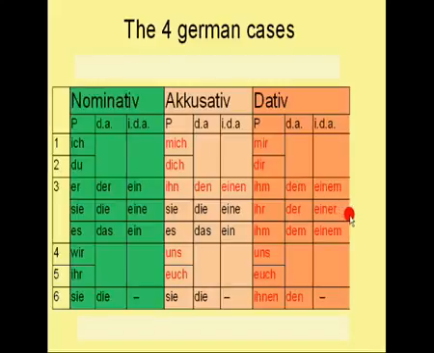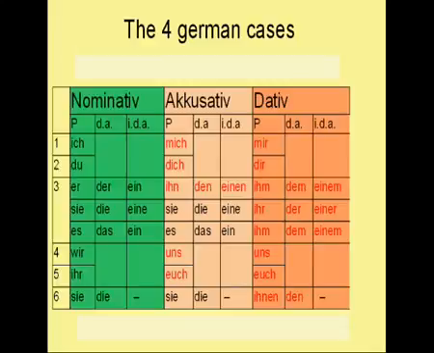If a neuter noun is the indirect object of a sentence, it has the definite article dem and the indefinite article einem. And nouns that are in the dative case and are in plural have the definite article den and have no indefinite article when they are in plural, just like in English.